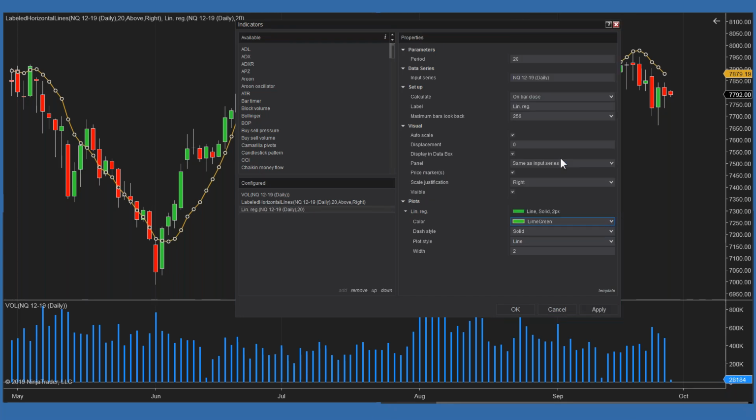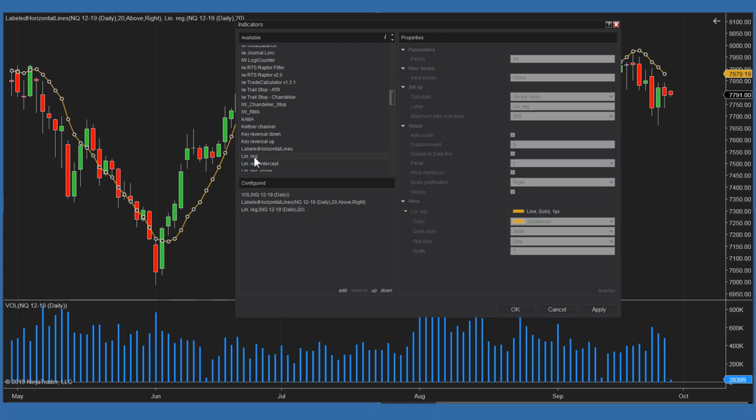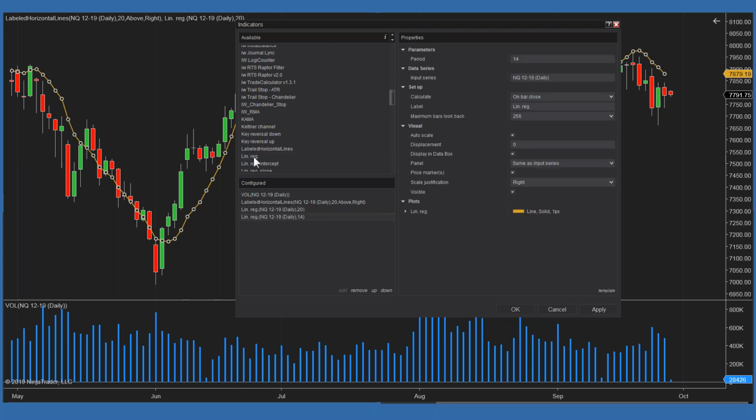all right, let's make that line green, and I'm going to add another linear regression line. And we're going to make it the same periods. Let's make both of them 20.